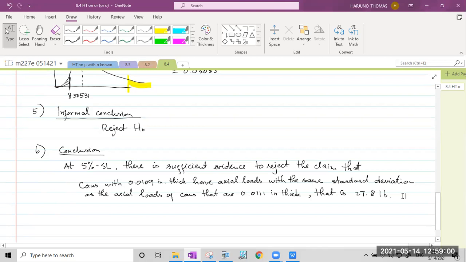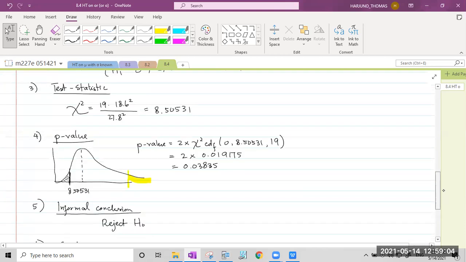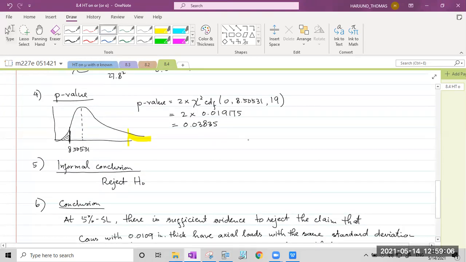Okay, that's the conclusion. Now, how about the critical value? It's 5%, so 2.5 here and 2.5 here.